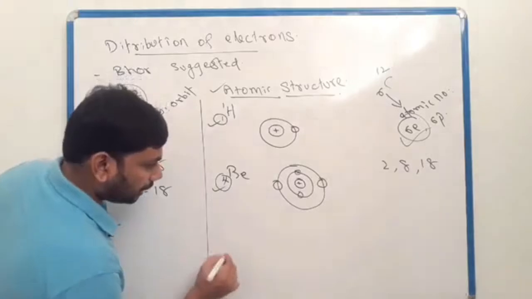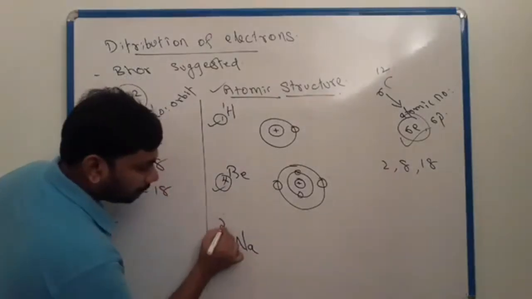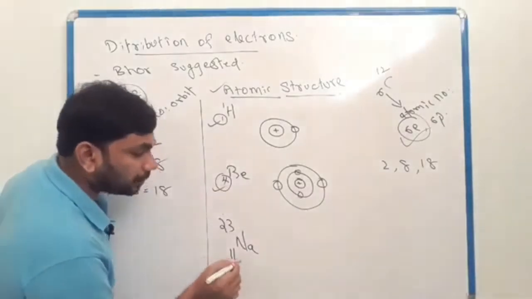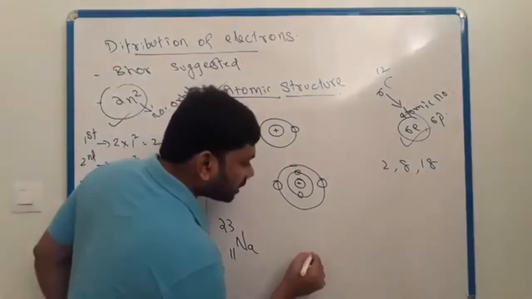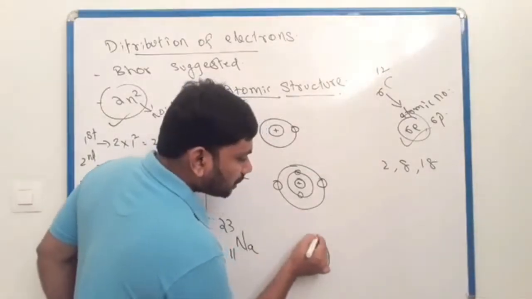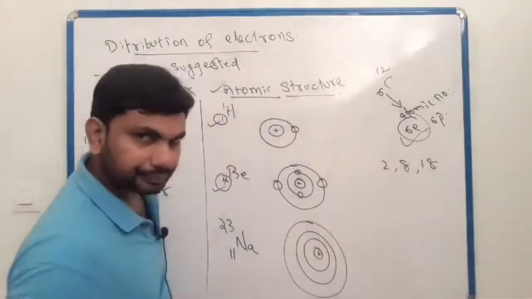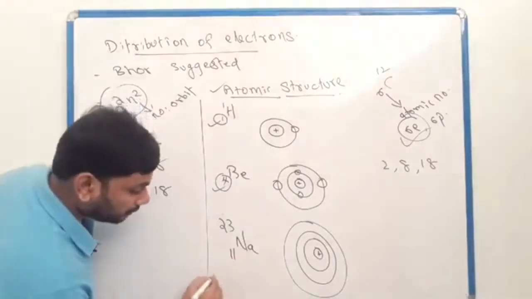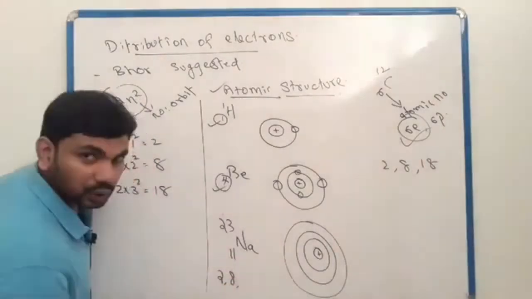Similarly, another example, sodium. Sodium atomic number 11. This is the atomic number and this is the mass number. So atomic number 11 means there are 11 electrons. In the middle of the atom there is a positively charged nucleus. First orbit, second orbit, third orbit. For sodium 11, first orbit 2 electrons, second orbit 8 electrons.